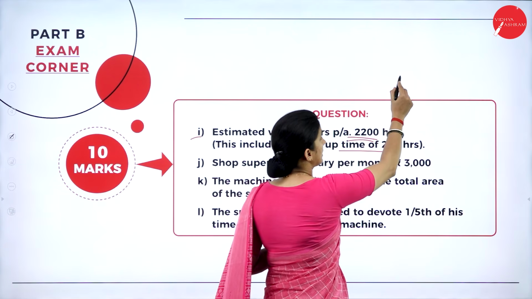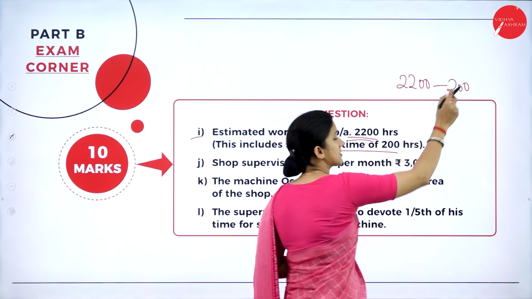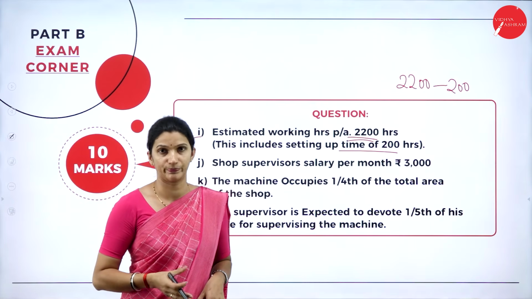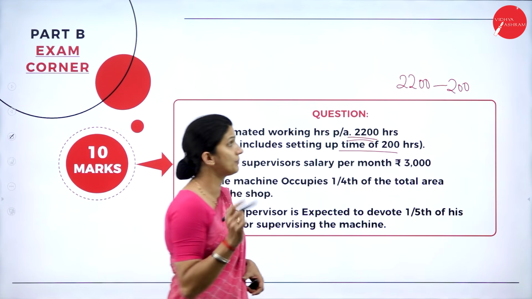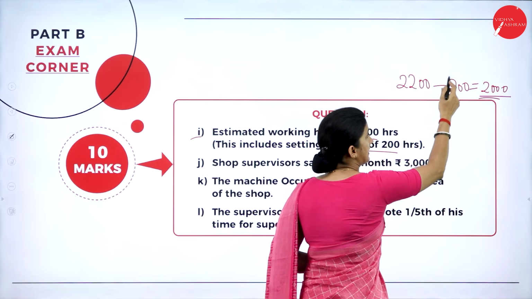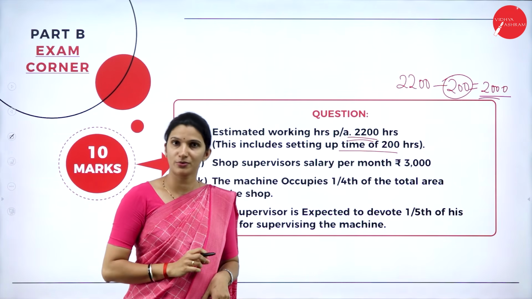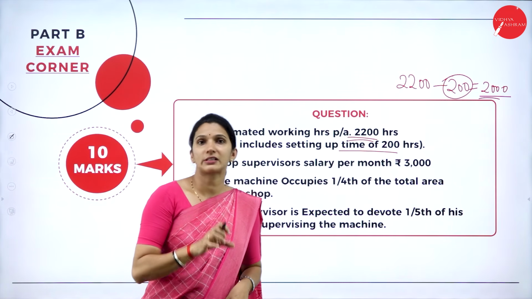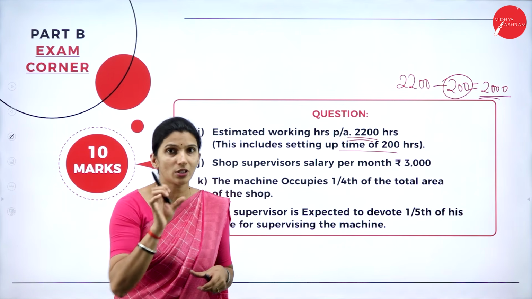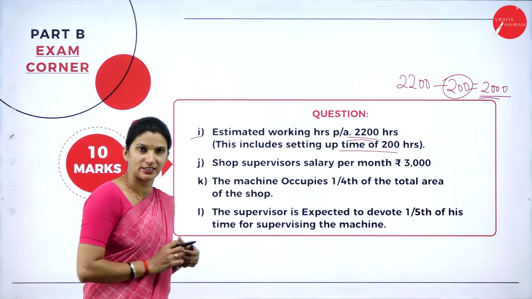In a year the total is 2,200 hours, of which 200 hours are spent for the installation or setting up of the machine. So we have to deduct the setting up time of the machine. So the actual running time of the machine per year is 2,000 hours. For 2,000 hours, we need to calculate the machine hour rate.